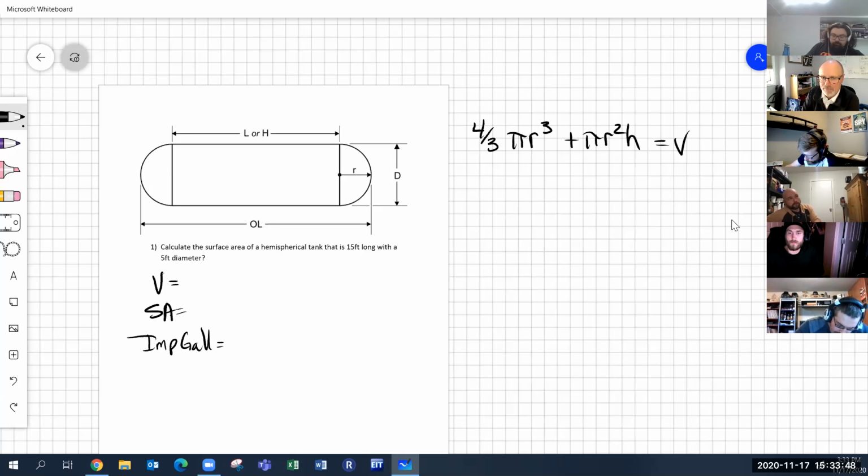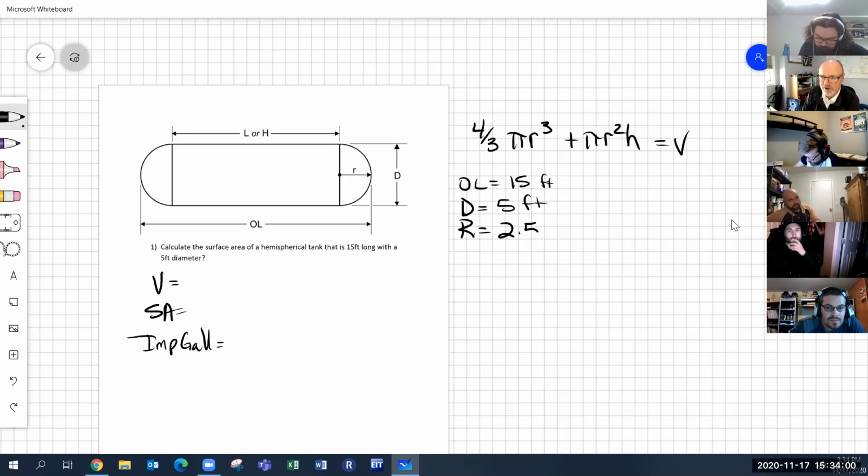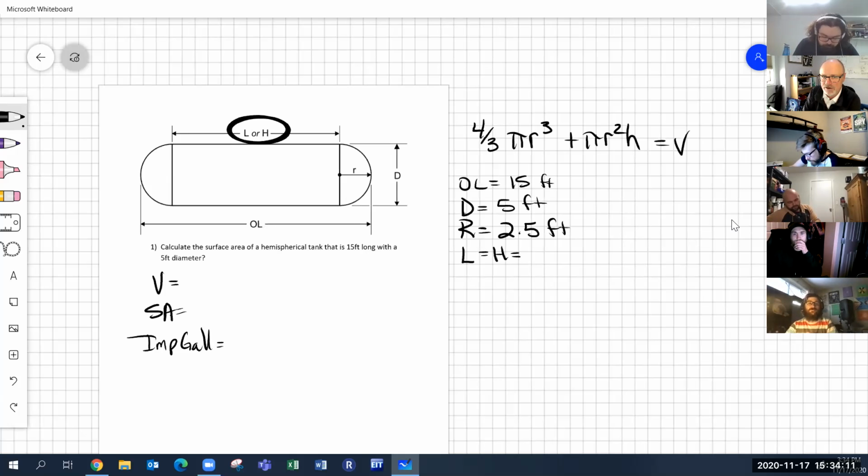I'm going to write down my overall length, which is 15 feet. I'm going to write down my diameter, which is 5 feet, which makes my radius 2.5 feet. And then this gives me the length, or sometimes known as the height of my cylinder, and that is up here.